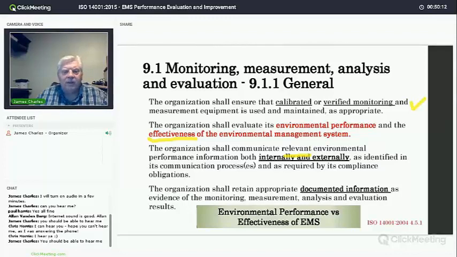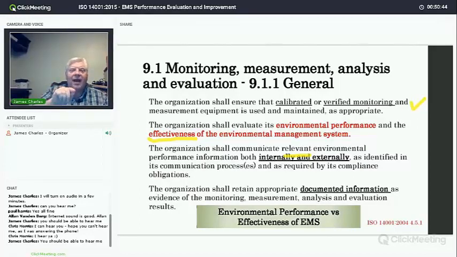I think if you read the words, it said we will communicate only relevant performance information externally. And if we determine that there isn't anything relevant that we need to communicate, and we document that in our communications process, I think that's okay. Now, I'm sure I'm going to run across a number of external auditors that are going to say, no way.